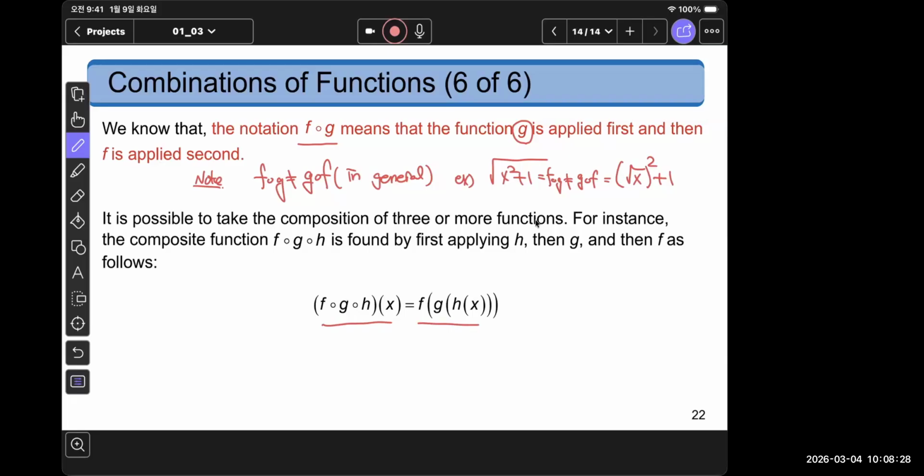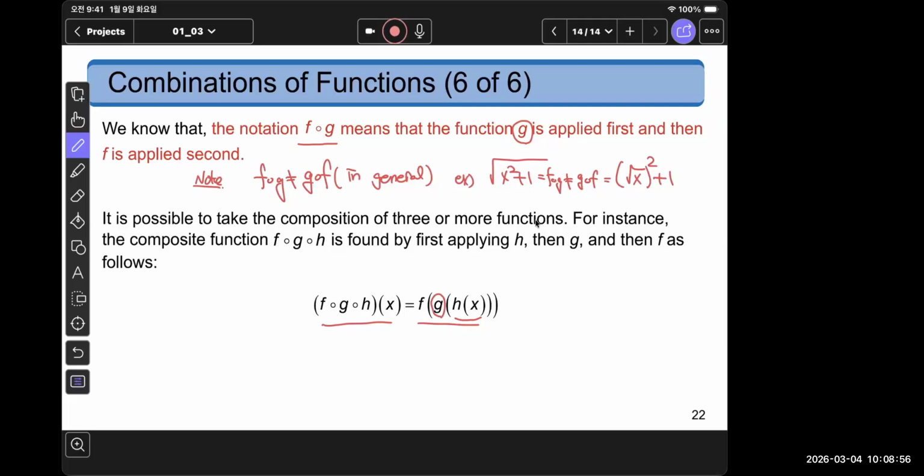And of course, what will be the domain of this composition of three functions? Well, first of all, x must be in the domain of h so that I can define h of x. And the value of h of x must belong to the domain of g so that I can evaluate g of h of x.